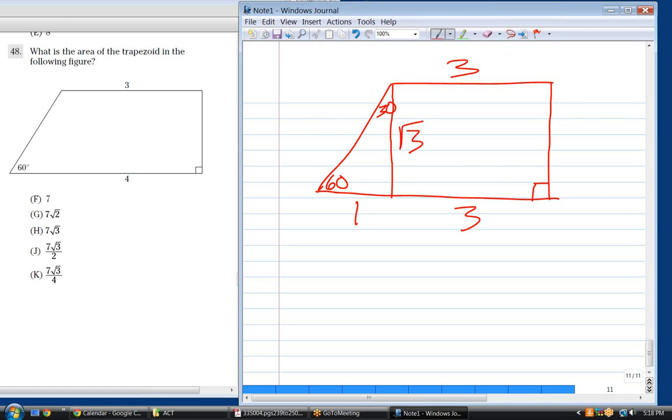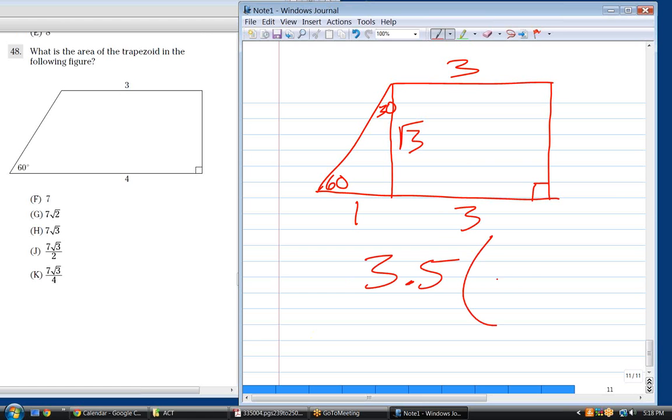Okay. Now, you can do this 2 ways at this point. You can figure out the area of that triangle and the area of that rectangle and add them together. Or, if you remember, the area of a trapezoid is the average base times the vertical height. Well, the average base is 3.5, between 3 and 4.